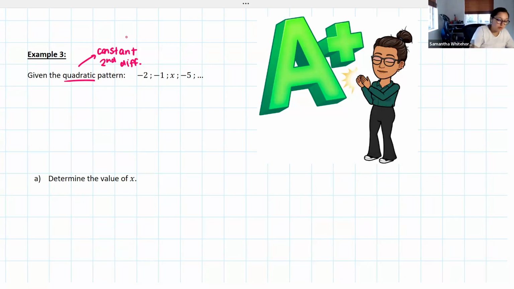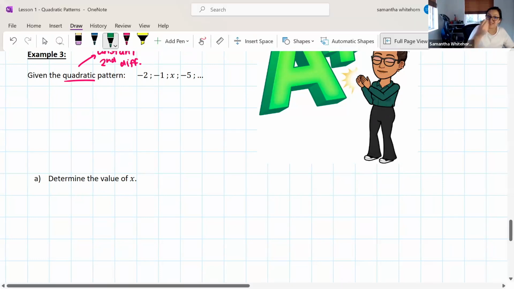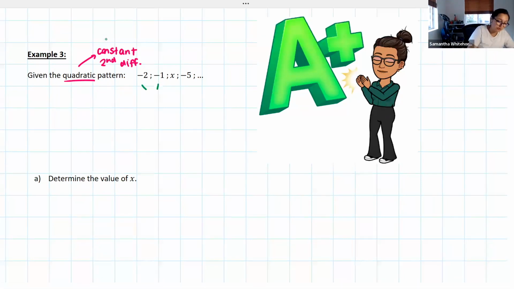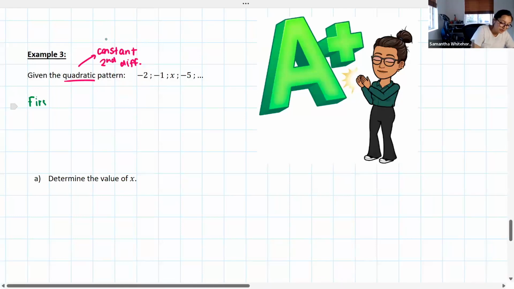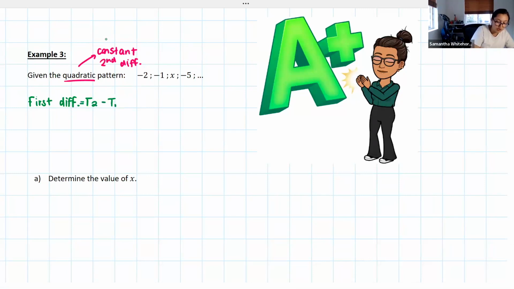All right, so again, we're going to set up what is happening in this pattern. To get a first difference, I would have to say term 2 minus term 1. So for the first one, it would be term 2, which is -1, minus -2.